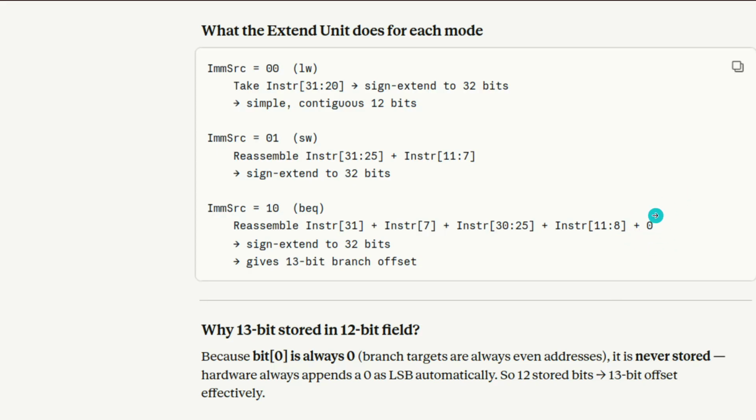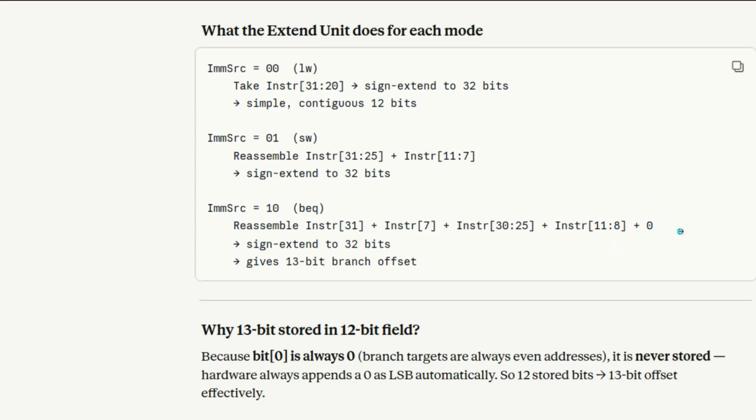This last bit, bit 0, would always be 0, because it is an even address. So you never store it. Hardware always appends a 0 as the LSB; automatically this 0 is appended.